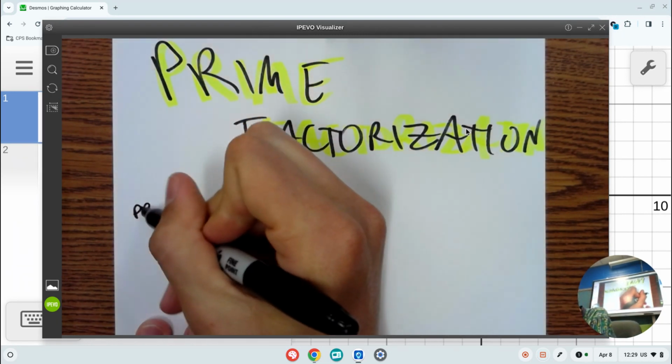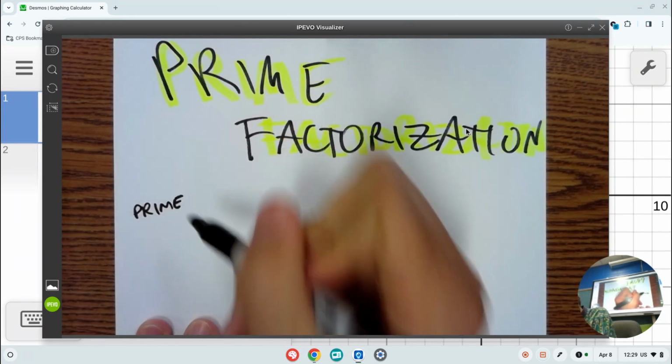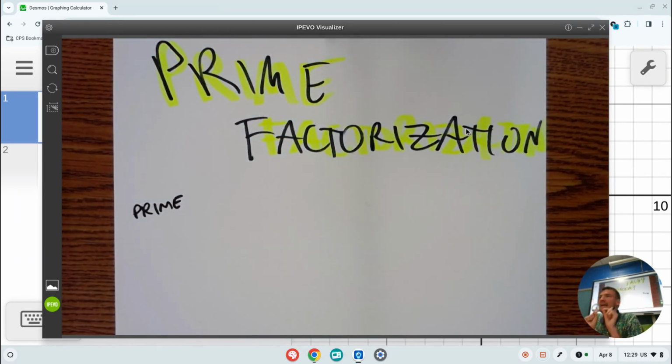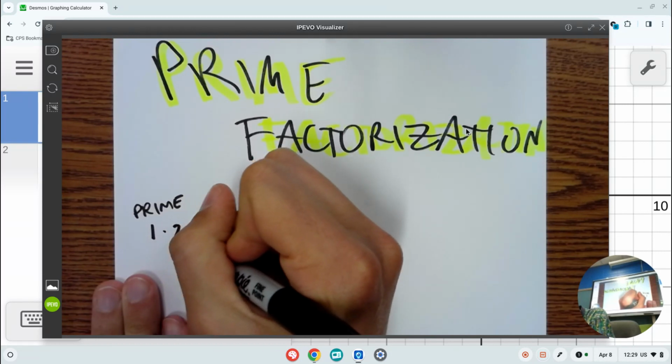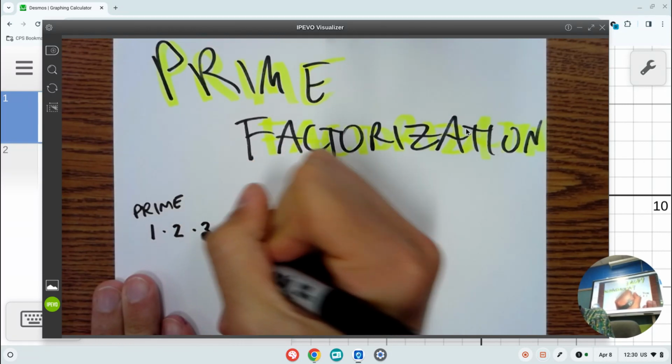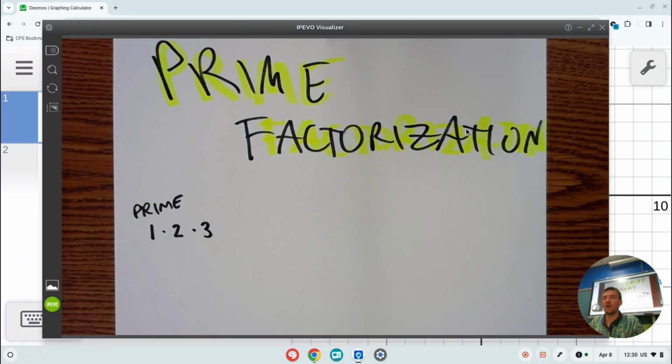Okay, prime numbers are basically like the tiny little building blocks when it comes to numbers. For example, 1, 2, 3. These are all prime numbers because the only thing that you can divide these numbers by is either 1, which doesn't really do anything, or themselves.